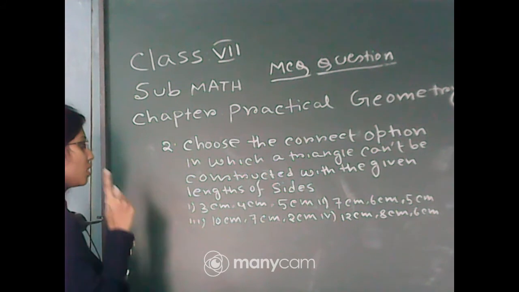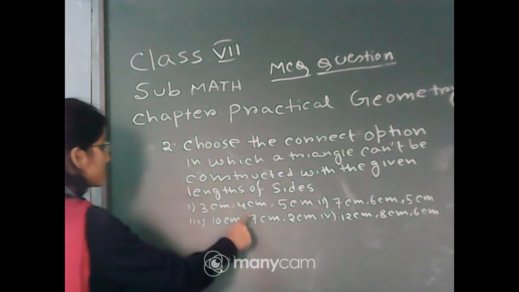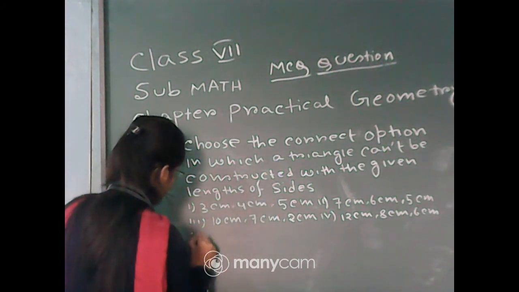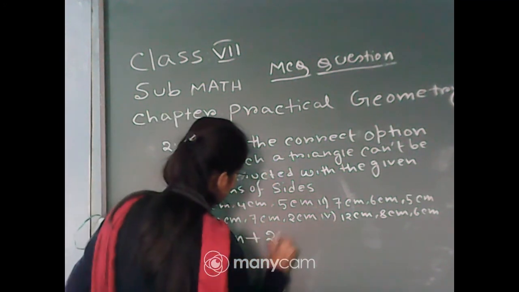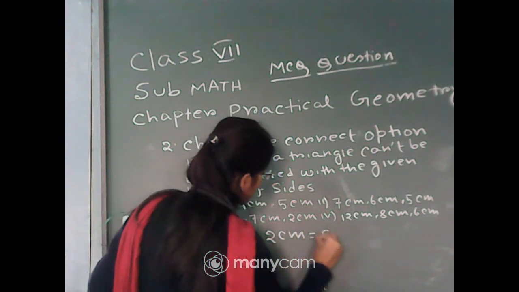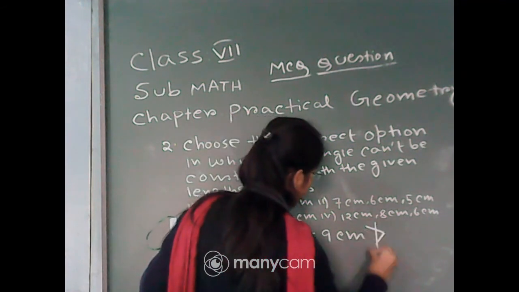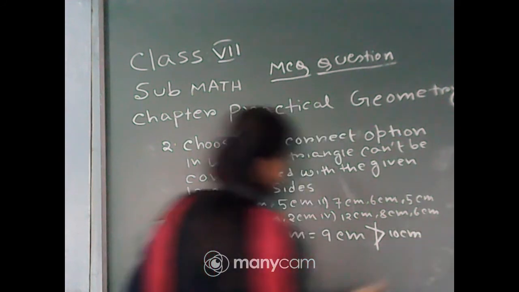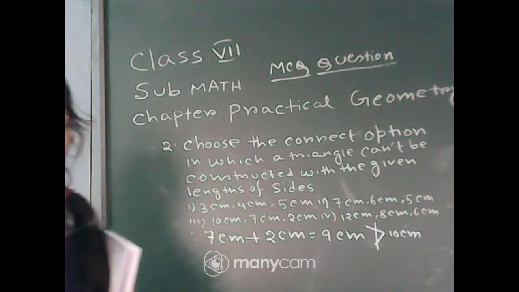So we cannot construct the triangle with the given lengths of sides 10 cm, 7 cm and 2 cm.